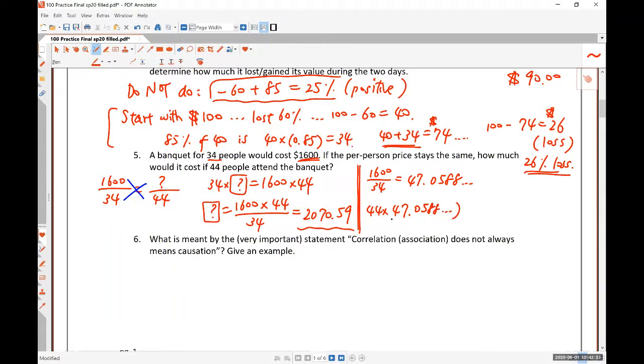The reason I don't really like to do this is because this requires a careful multiplication here. If you round too much here, okay, then when you multiply by 44, that rounding error could be significant. Okay, so if you're doing this multiplication, then try not to round in any intermediate stage.